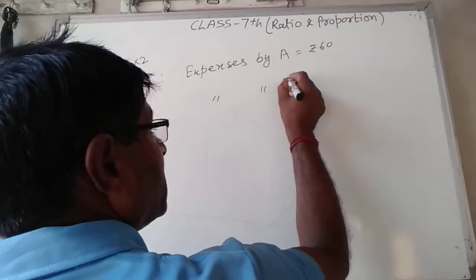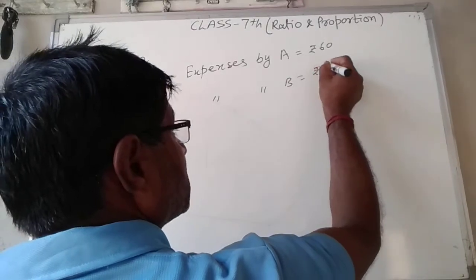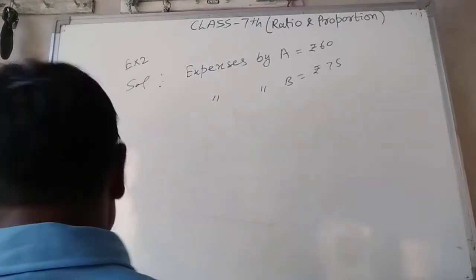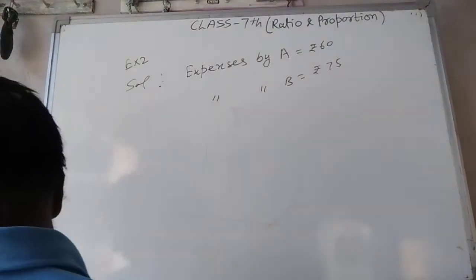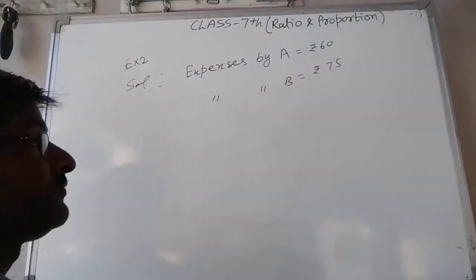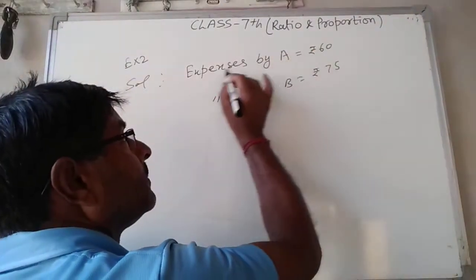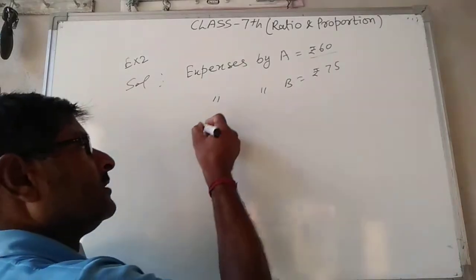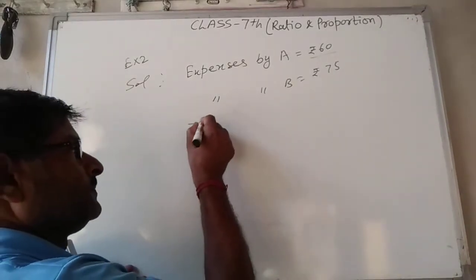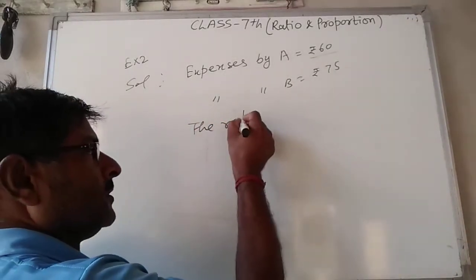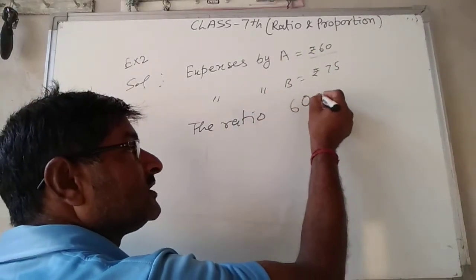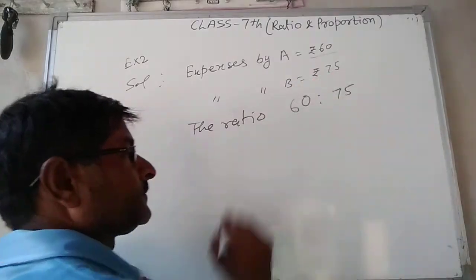Expenses by B is equal to ₹75. What is the ratio of their expenses in the simplest form? Both the expenses are in rupees, so we can show the ratio. Both have the same unit, so we can write them 60:75.